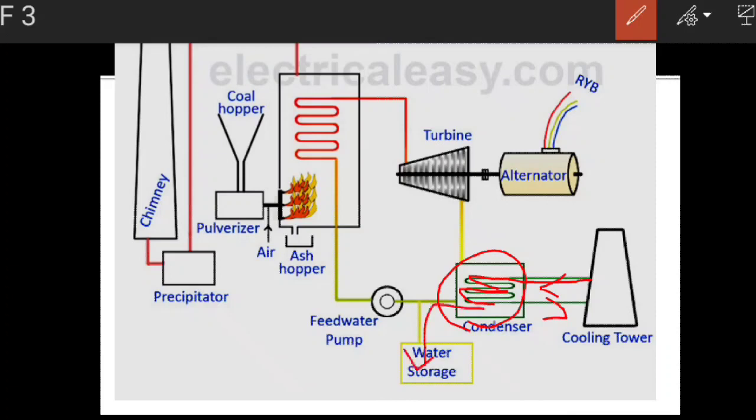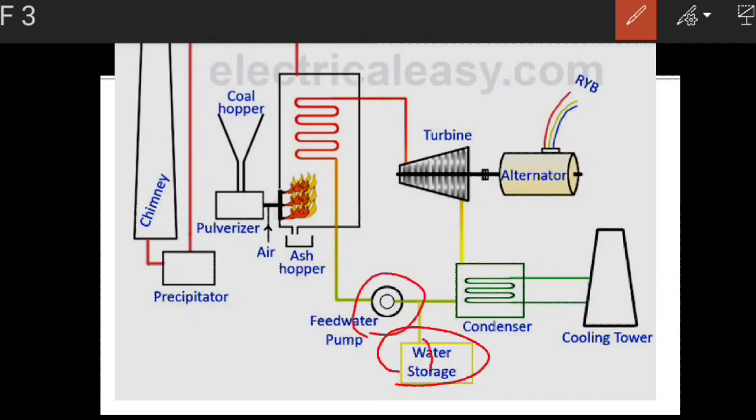The cooling water becomes hot, and this hot water is sent back to the cooling tower. In this way the condenser and cooling tower work. Again, the cold water from the cooling tower is supplied to the condenser. So this process continues. Now, by using the feed water pump, this water is again transferred to the boiler.